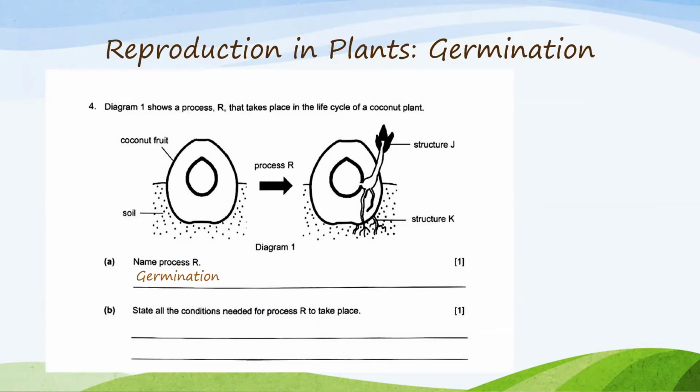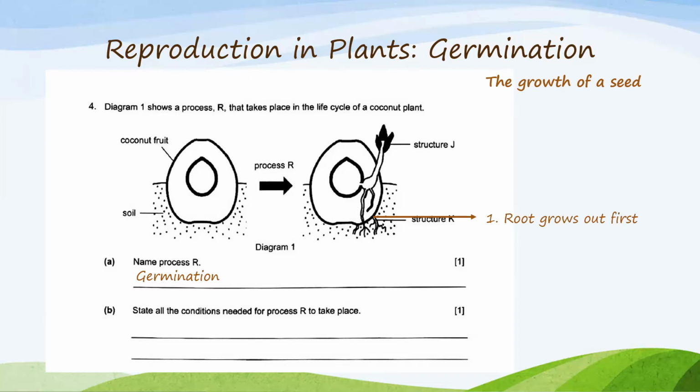I would also like to talk more about the process of germination, the growth of a seed. Once the seed finds a suitable location to grow under the right conditions, it will start the growth process. So firstly, what happens is that the root grows out first. Why is it the root?